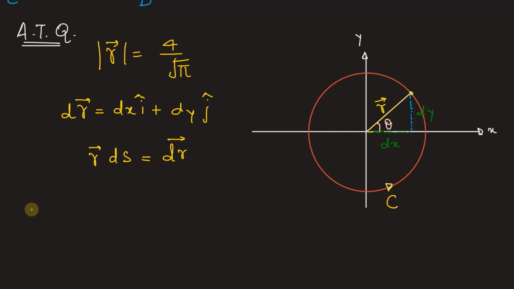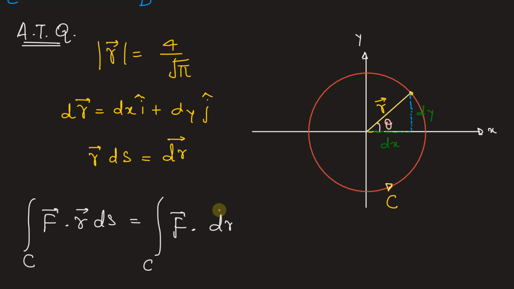So the line integral that we need to calculate is F vector dot r dash ds on curve C, that is the circle. This we can write as the integral over the curve C, F vector dot dr vector. F vector in the problem is given. Let's write here F vector is equal to y i cap plus 2x j cap. It is given in the problem.